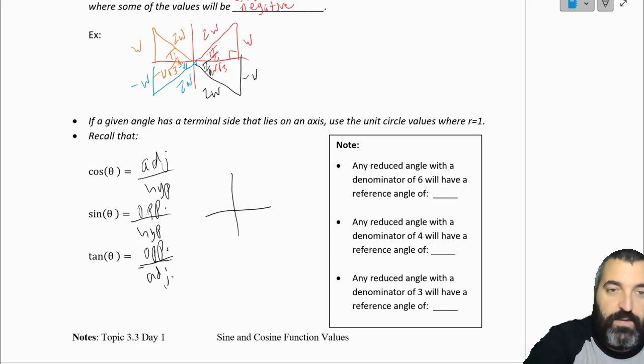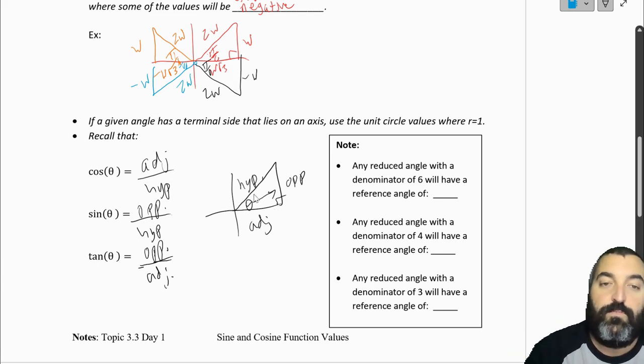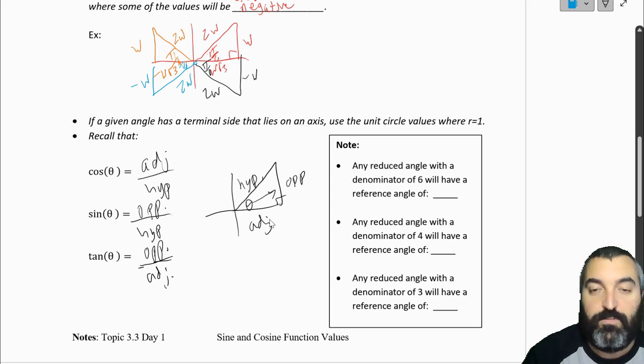We call it a reference angle because that's what we're referring to in order to figure out what opposite and adjacent are. Opposite means opposite the angle we are referencing. The adjacent side means next to. There are always two sides next to the angle, but one of them is always the hypotenuse, which is the side across from the right angle.